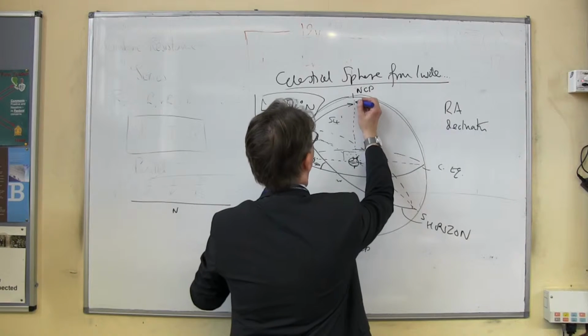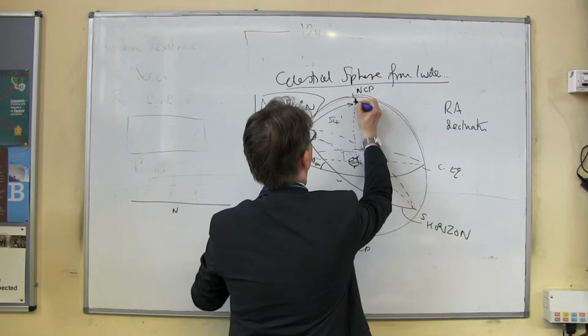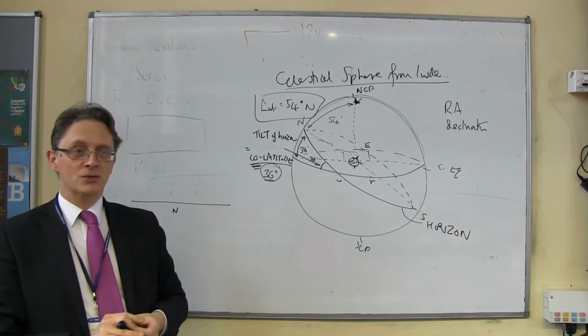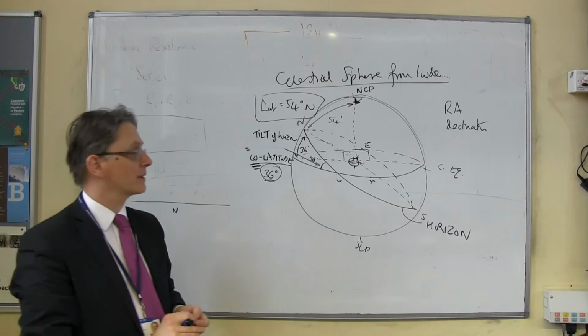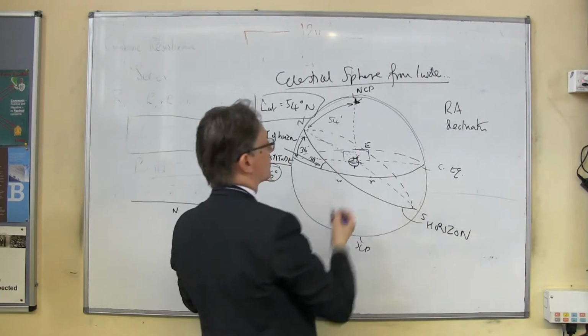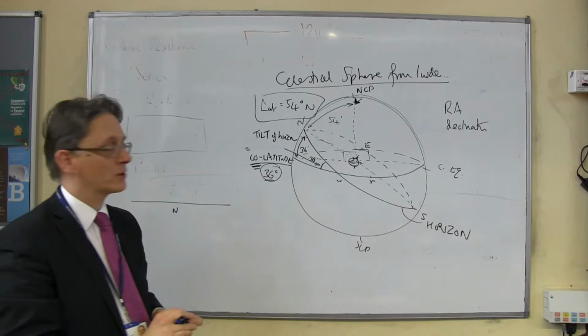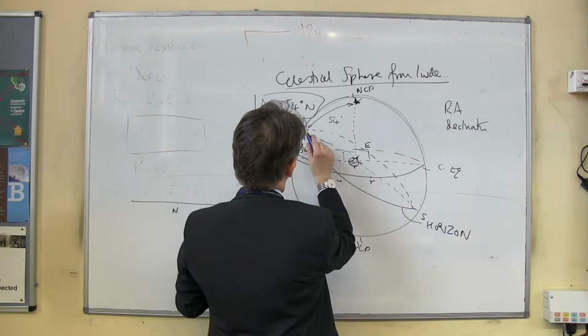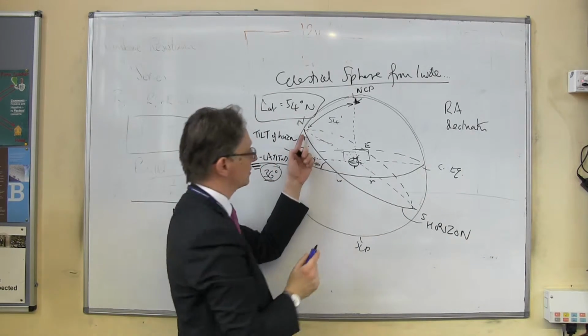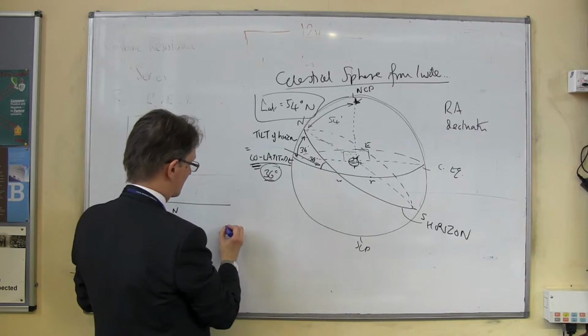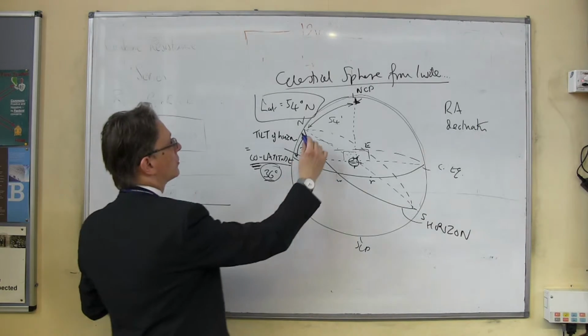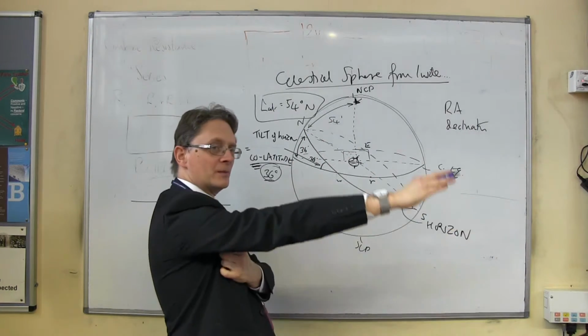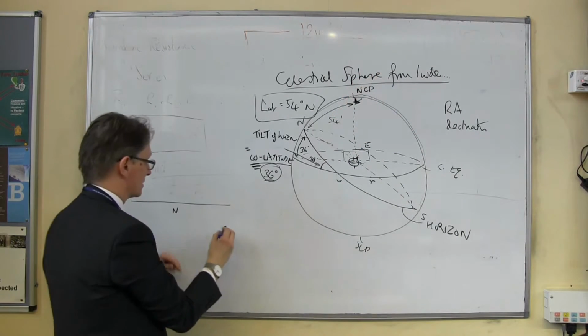Yeah, we're lucky in the northern hemisphere because we have a bright star at the North Celestial Pole, don't we? This is more difficult in the southern hemisphere. You've got a bright star almost exactly on the North Celestial Pole that we call Polaris. And this line here is of course your horizon. So here's our first astounding fact, which is, what do you think we call that angle above the horizon? It's altitude, isn't it? All right.